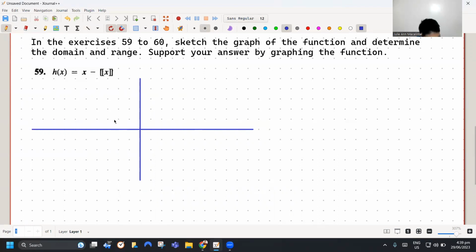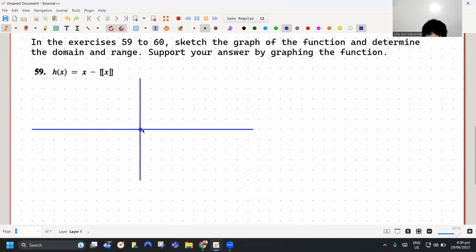So pagka 0, 0 minus 0. Okay, 0. 0 pa rin. So something greater than 0 minus 0.